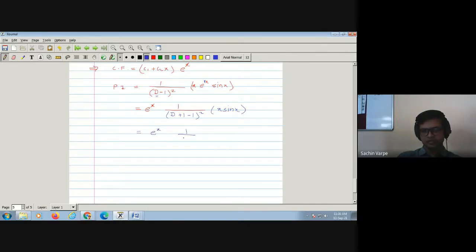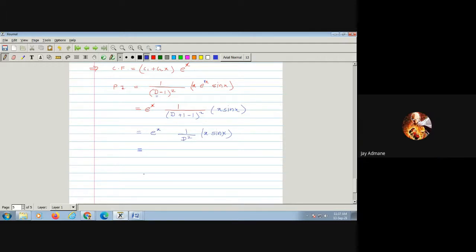1 upon d square on x sine x. You can now use the rule. 1 upon d square means what? 1 upon d is the integration.